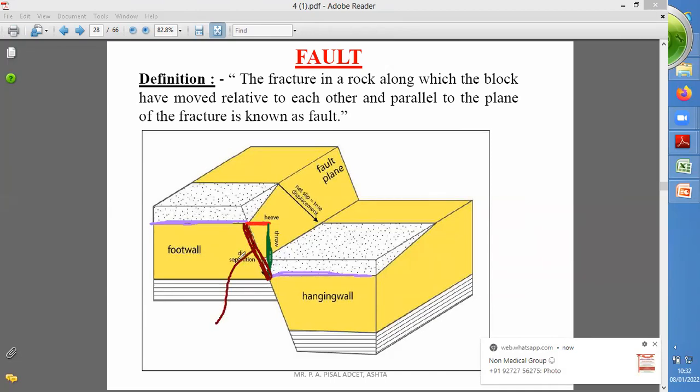The line which I have marked in brown color is the slip. The vertical green displacement is the throw, and the horizontal displacement marked in red is the heave. So heave, throw and slip are the displacement distances in the fault.